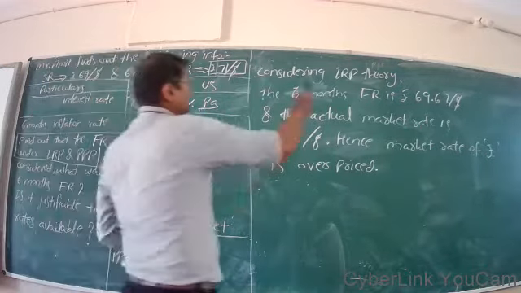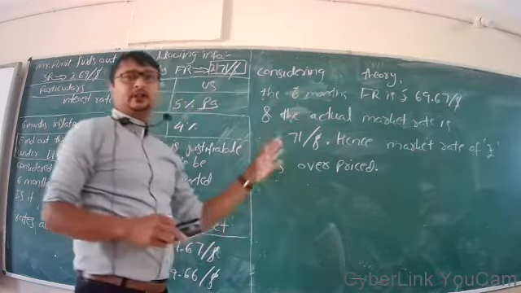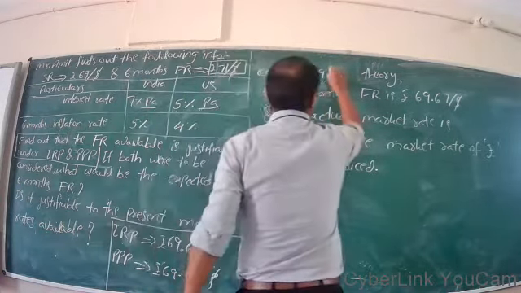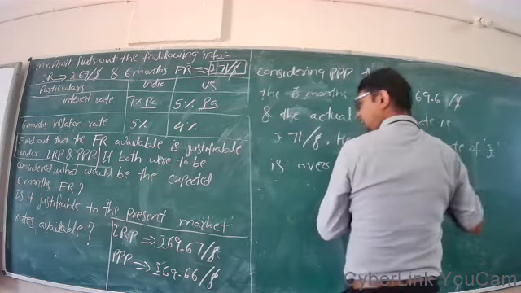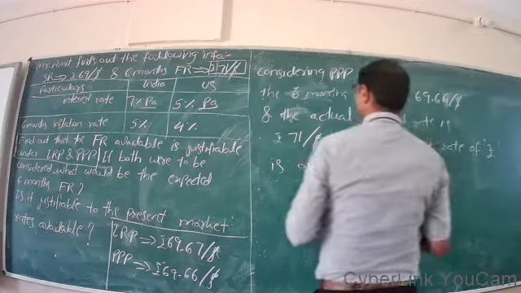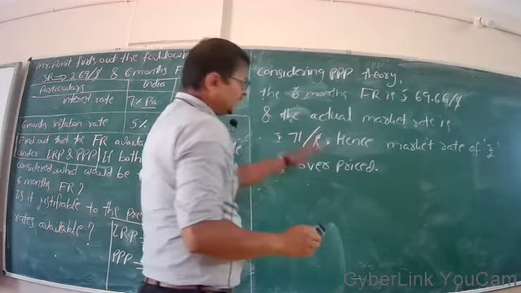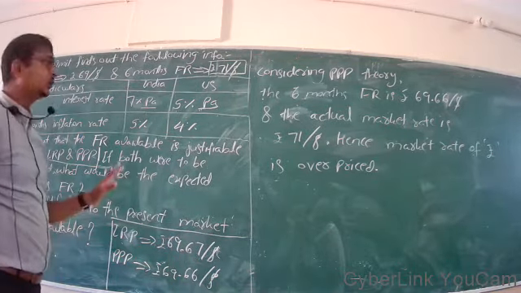Now, if you consider PPP, you have to write this conclusion line in your exam also to get full marks. So considering PPP theory, 6 months forward rate is 69.66 and the actual market rate is 71. So the market rate of rupee is again overpriced. So first part of the problem is over.